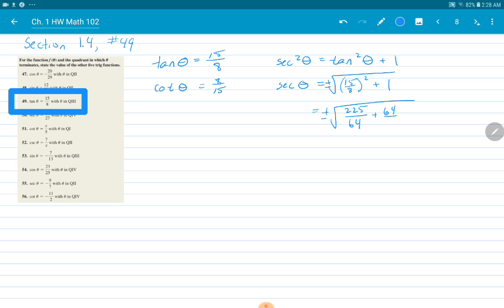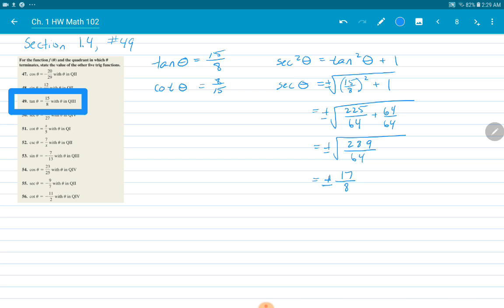So I'll do 64 over 64, and I get plus or minus the square root of, let's see, 225 plus 64 gives me 289, which is plus or minus, square root of 289 is 17, and the square root of 64 is 8. That's as simplified as I can get that fraction.